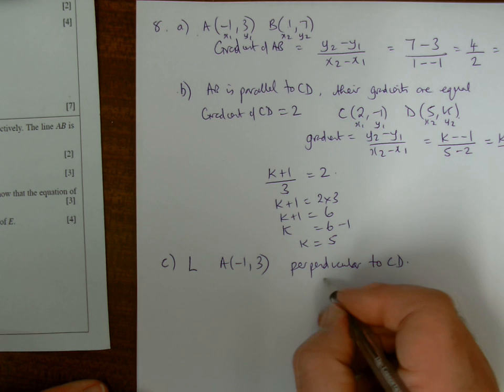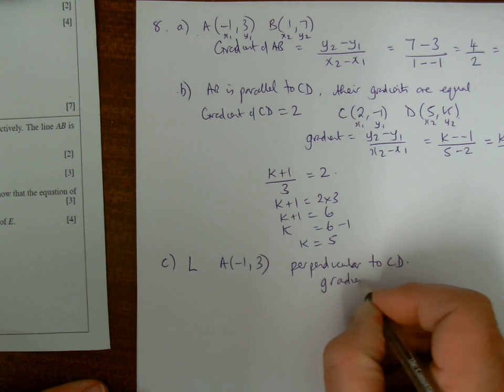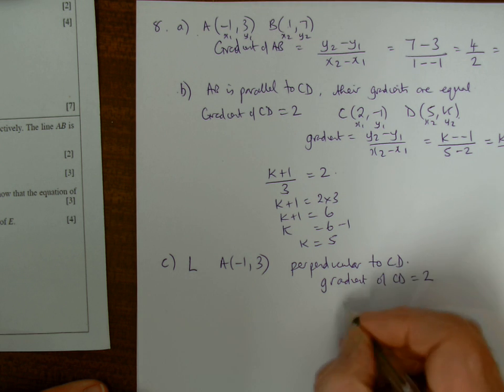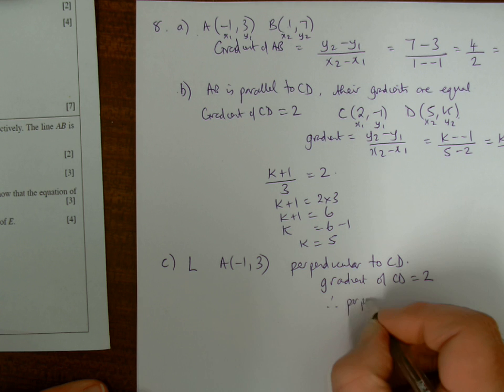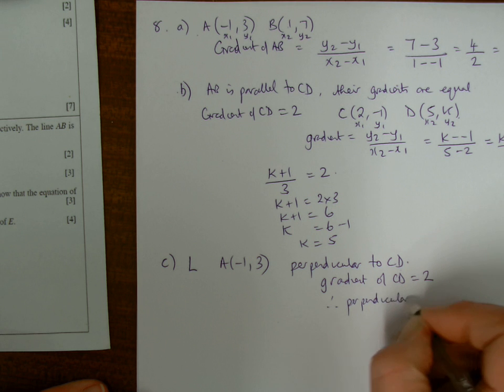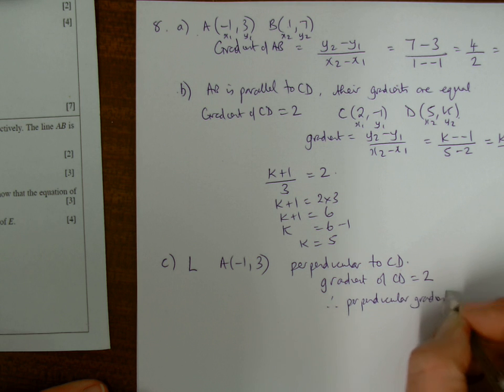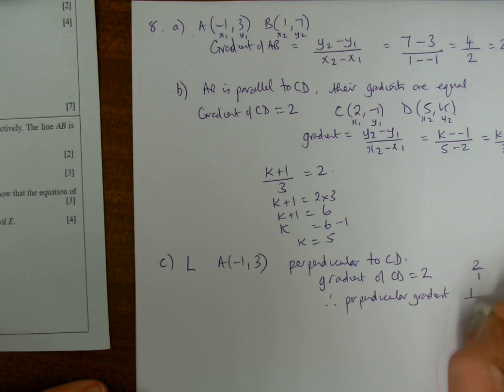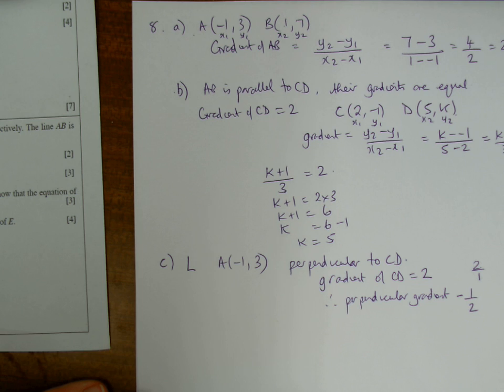Now the gradient of CD is equal to 2, therefore the perpendicular gradient, flip that, so I write 2 as 2 over 1, flip it to 1 over 2, and change the sign.